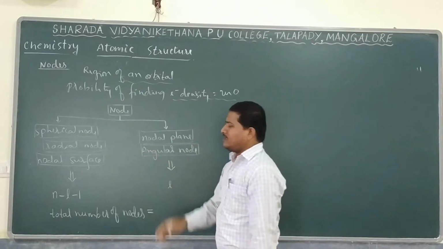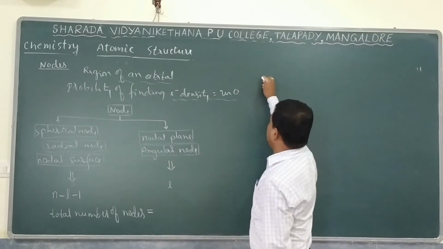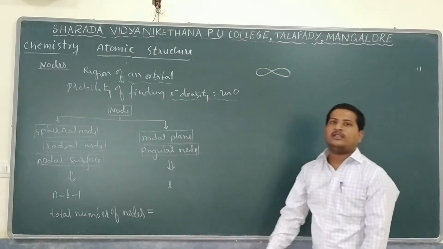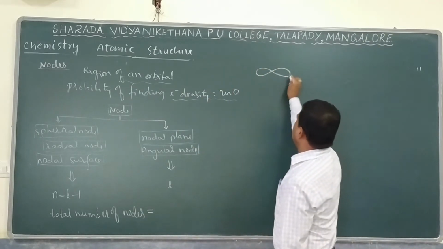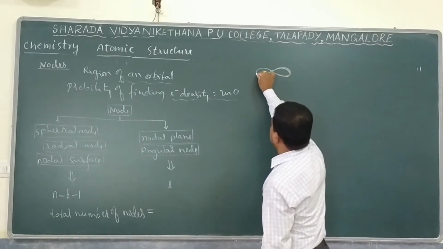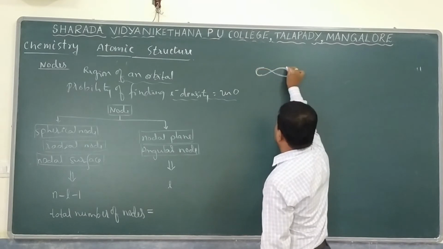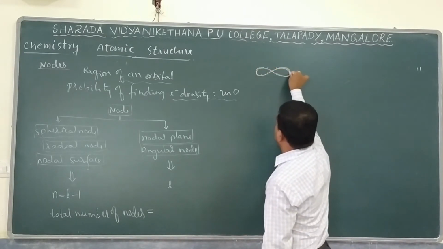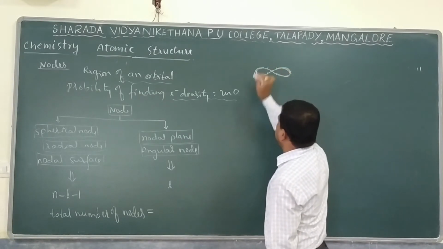So let us see what this node basically is. I have a p orbital. You know, p orbital is a dumbbell shape. So this is the region where the probability of finding electron density is going to be maximum, from here to here. That means more electrons are moving in this particular region.